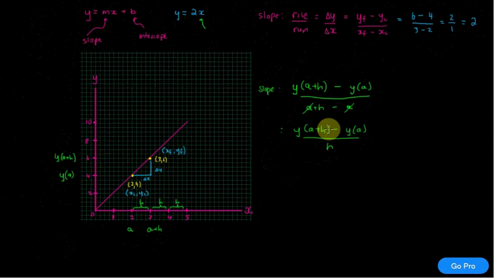So I could substitute what y is equal to by putting this value in here, where the x becomes whatever the equivalent is, right? Same here. So this a plus h is just whatever x is on the x-axis. So I could say 2 times a plus h, where the a plus h is just substituted for this x, minus 2a, over h.